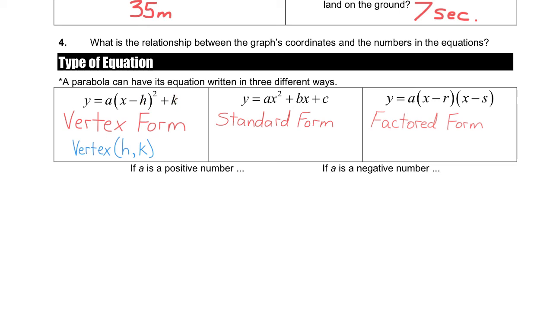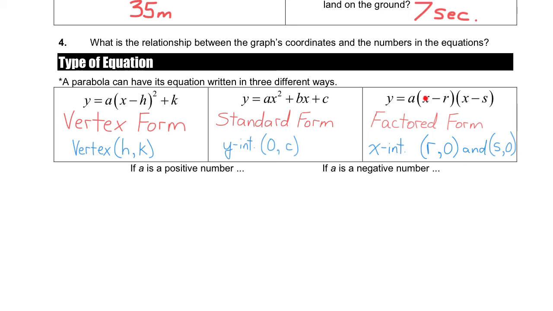When we looked at the standard form, it was that very last number that told us the y-intercept. So the coordinates of the y-intercept are 0, c, whatever c is in the standard form equation. And the factored form equation gave us the x-intercepts, and the coordinates of the x-intercepts are determined using the number in the r position and the s position.